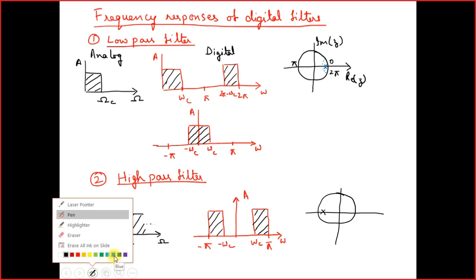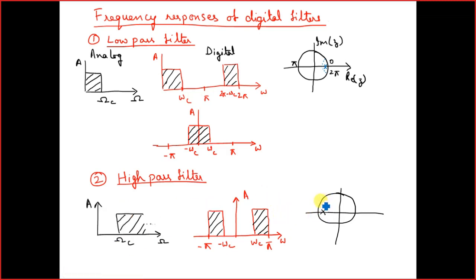Now just like in the low pass filter, this pole will have an effect over here. So we will have omega c as the cutoff and minus omega c as the cutoff in the lower half, right? But what we are doing is going from minus pi to 0 and then 0 to pi.